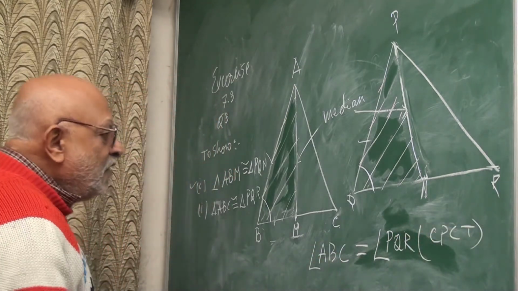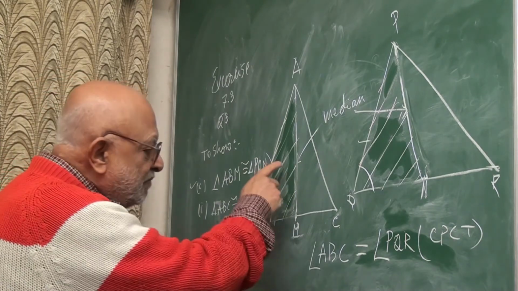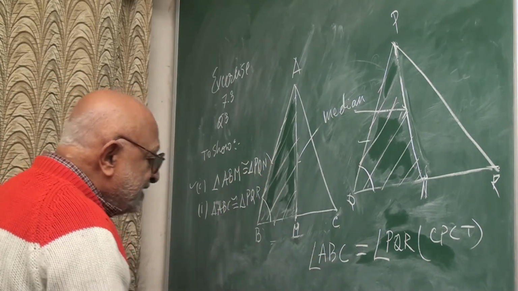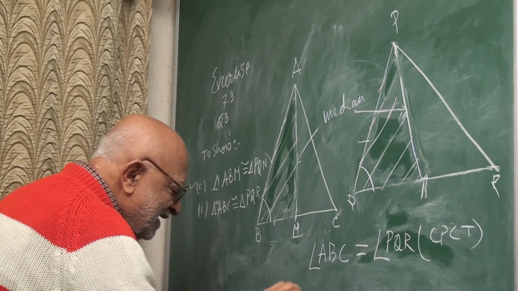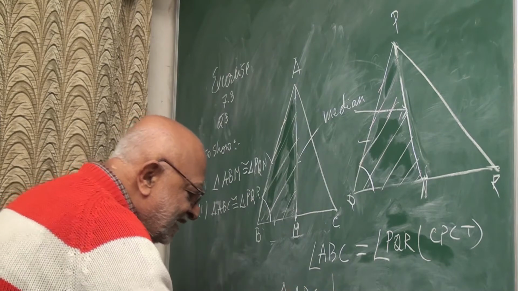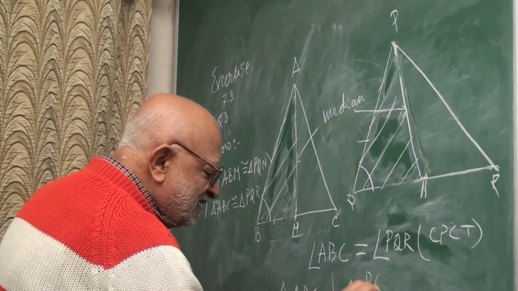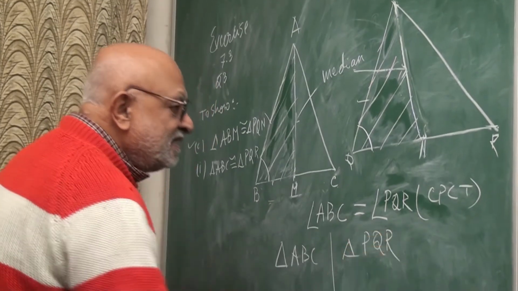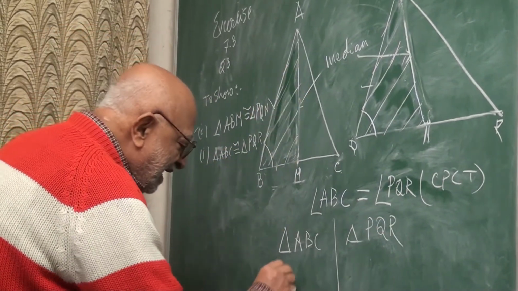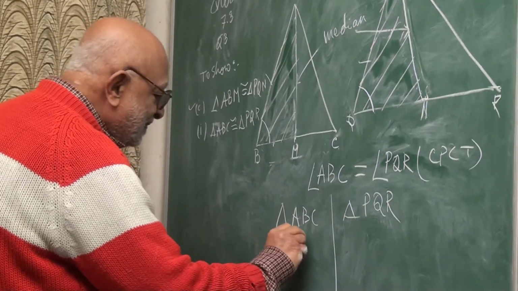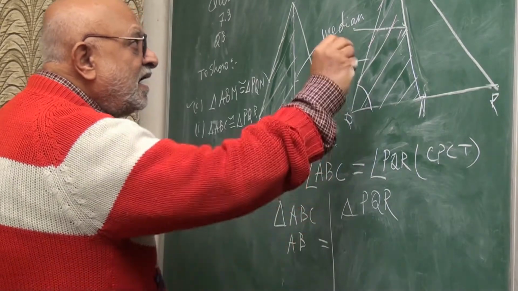Okay. Now let's keep this in so that we know where we are coming from. Let's take triangle ABC and triangle PQR. If I take these two triangles, I have been given AB is equal to PQ.